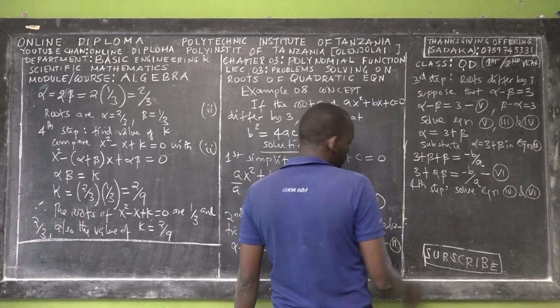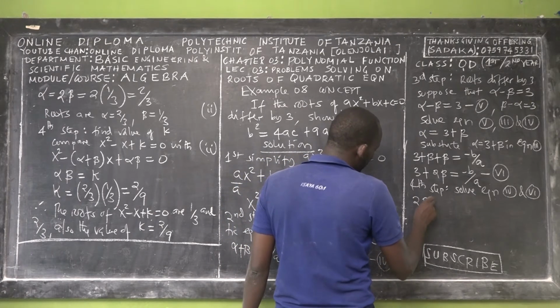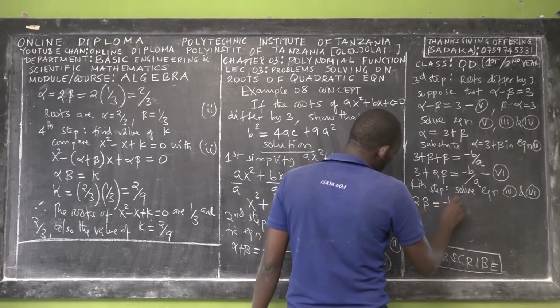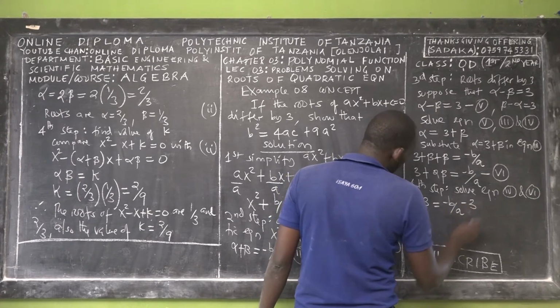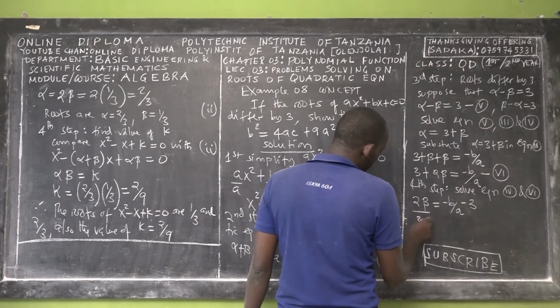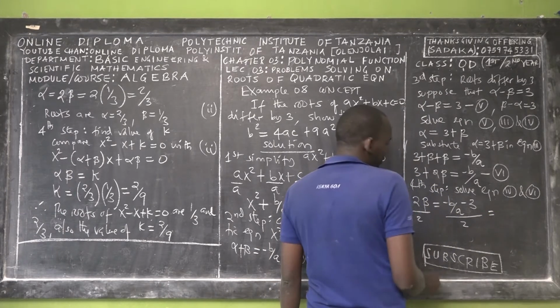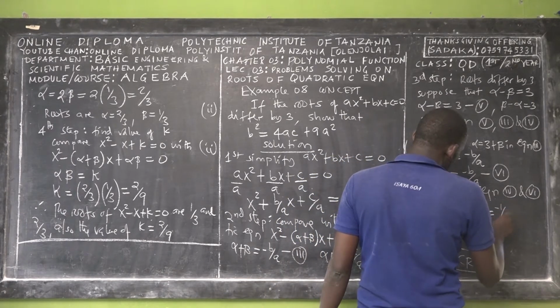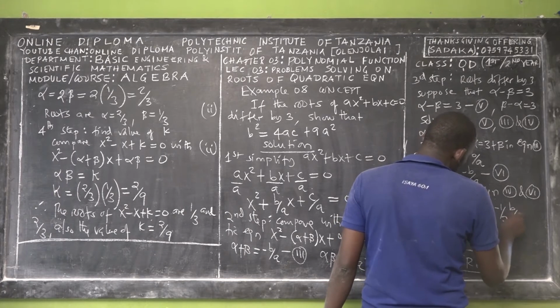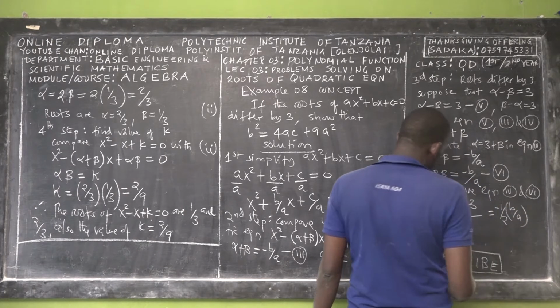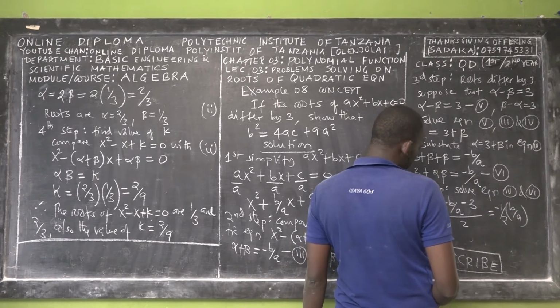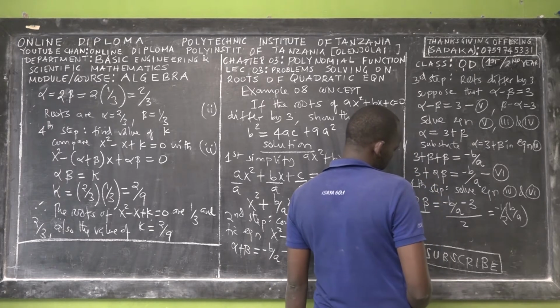So to make beta the subject, we have twice beta is equal to negative b over a minus 3. So multiplying by one over 2 on both sides, we say that this is negative 1 over 2 b over a.